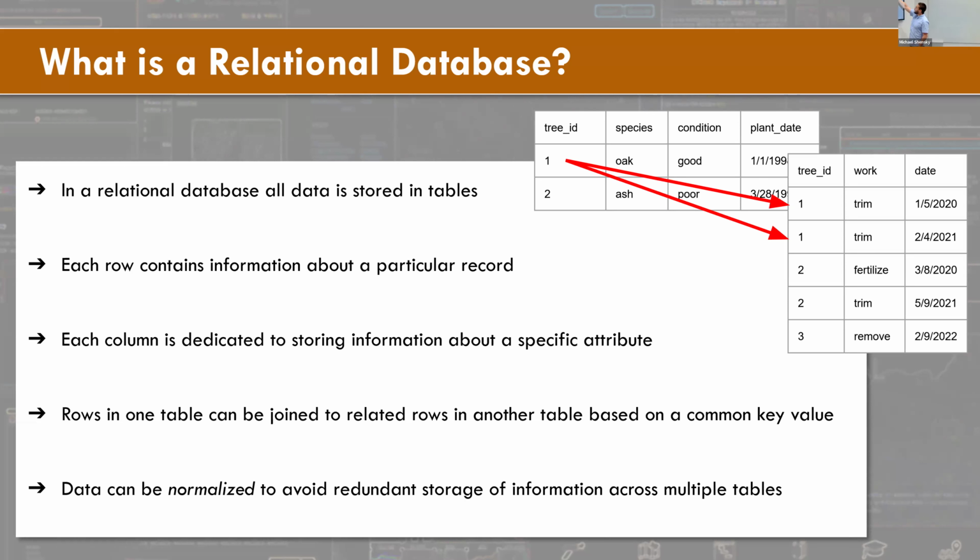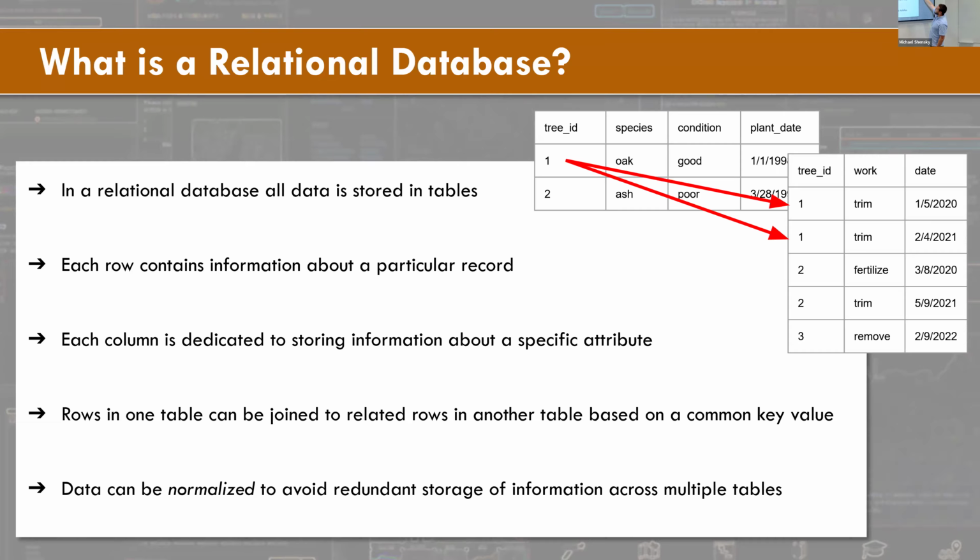And there are ways to link these two tables together using what we would call a foreign key and a primary key. Here, our primary key, the tree ID, describes the tree in the tree table. And over here, we have a table about maintenance operations, again, trimming, fertilizing, removing. And there we see the tree ID, but each row is not information about a tree, it's information about a maintenance operation.